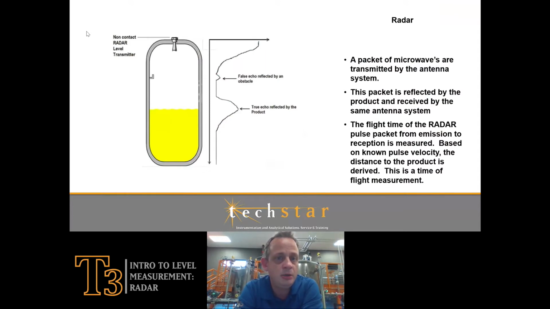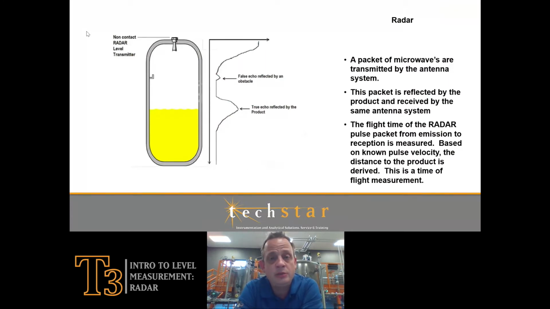In this case, it's process. It comes back, and we measure how long it took to do that. So these packets travel at the speed of light, and it's a pulse packet that goes down, hits the level, comes back, and we measure how long it took to do that.